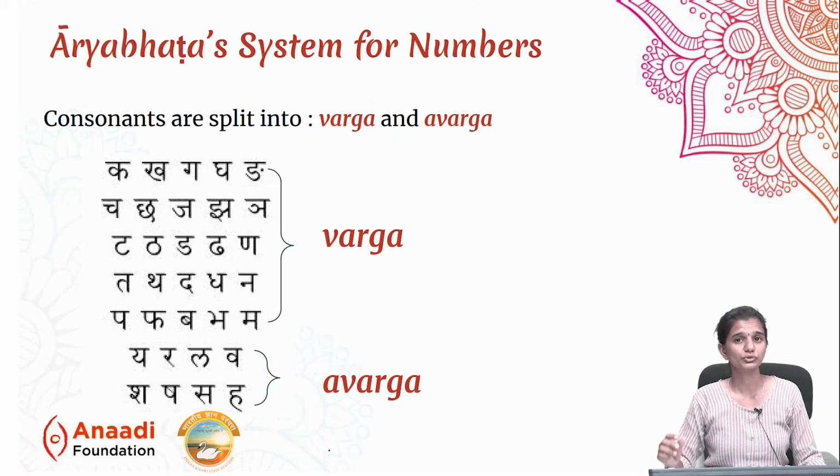Before giving values to the consonants, Aryabhatta has split the consonants into two, that is Varga and Avarga. The letters from K to Ma, these 25 letters, are called Varga, and Ya to Ha are Avarga. Now, let us see how he has assigned numbers for these consonants.